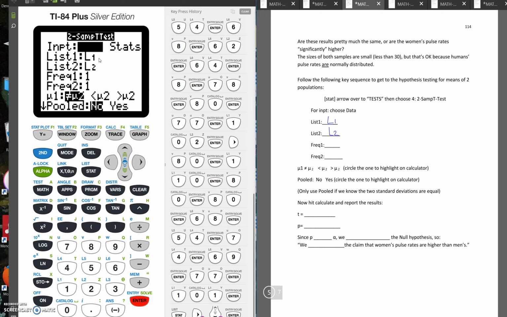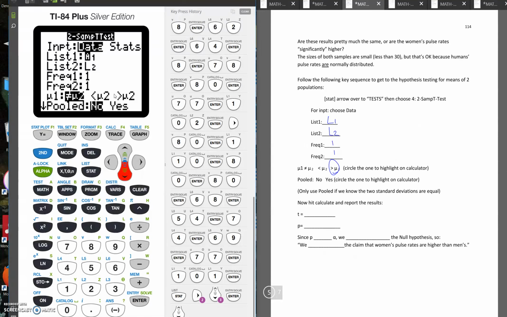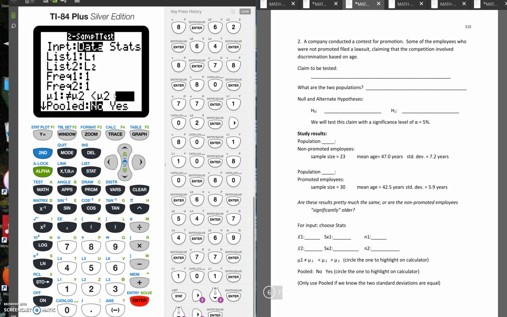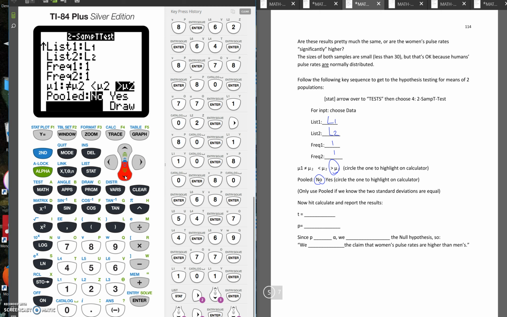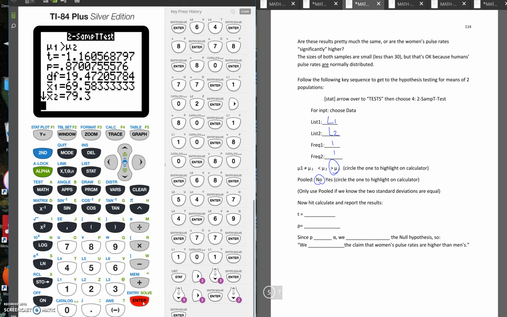That's already set up there. Since we were claiming that mu1 was bigger than mu2, that's what we choose on the calculator, the third option. And we do not want it pooled. Then we go down and hit calculate.